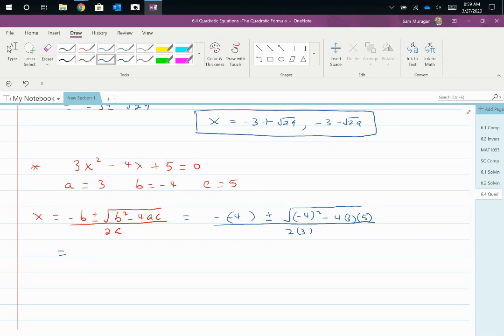So negative times negative becomes +4 plus or minus -4 squared is +16, and 4 times 3 times 5 is 60, over 6.